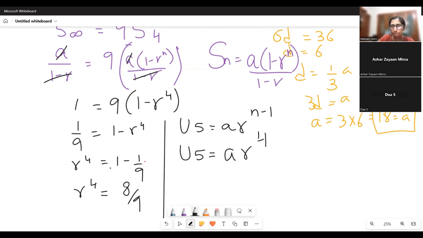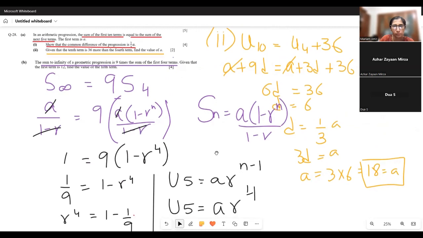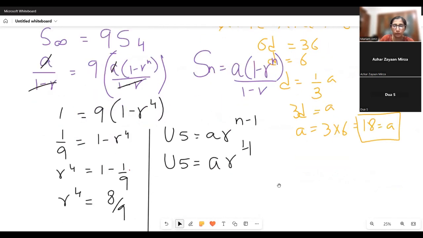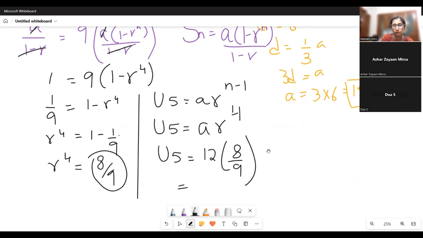A पता है हमें? Twelve. Yes, it's given in the question, 12. And r power 4 is also known. ये आ गया था r power 4. So U5 equals 12 times 8 upon 9. Whatever this is the answer. 10.7.